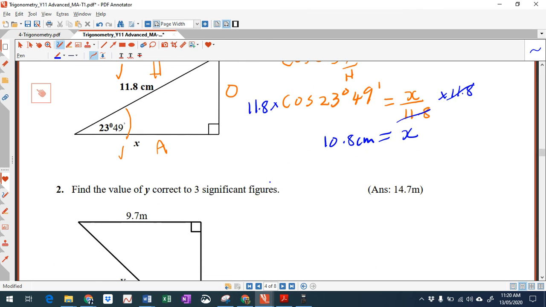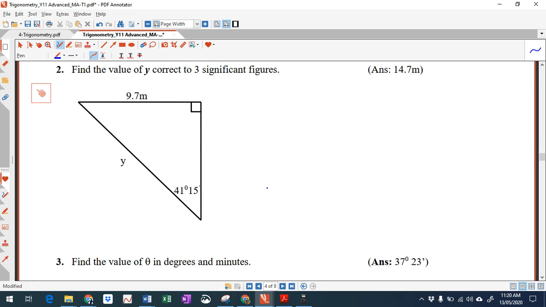Okay, next question. Find the value of y corrected to 3 significant figures. Okay, so what angle are we given? Here it is. This is our angle. All right, this is the opposite side. This is the hypotenuse. This is the adjacent. Now you're given the opposite side, and you've got to find the hypotenuse. So that means we're working with sine.